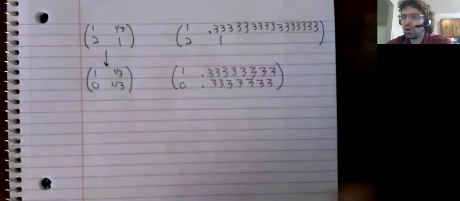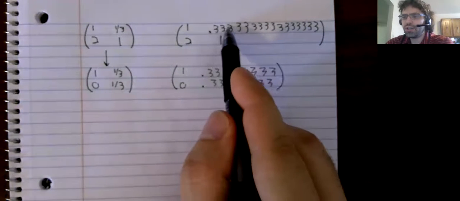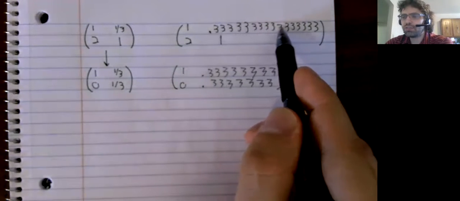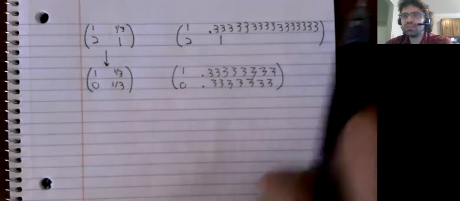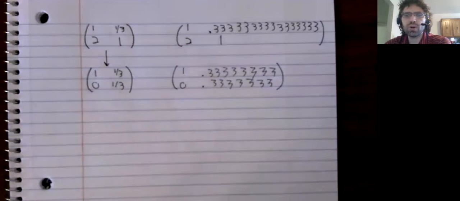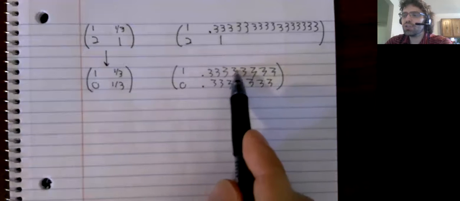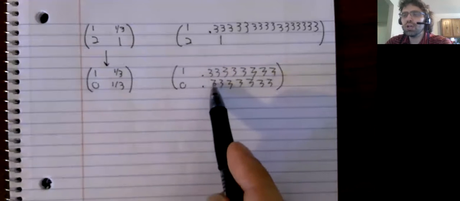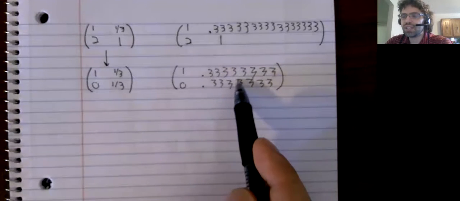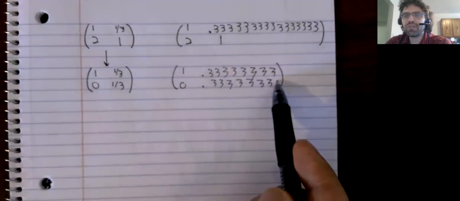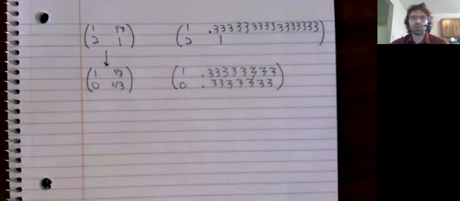Previously, all but one of the matrix entries was being stored accurately. Now two of the matrix entries have rounding error in them.